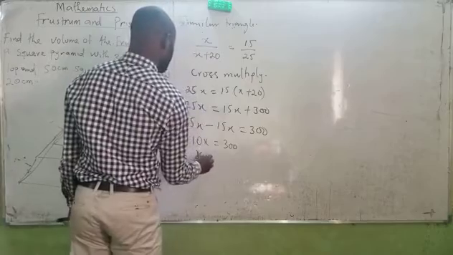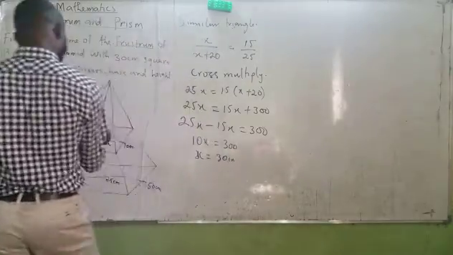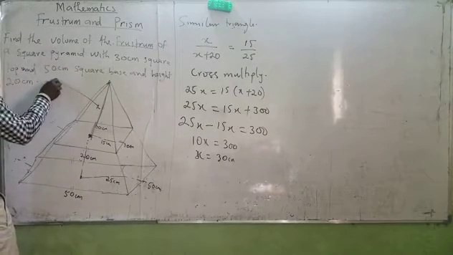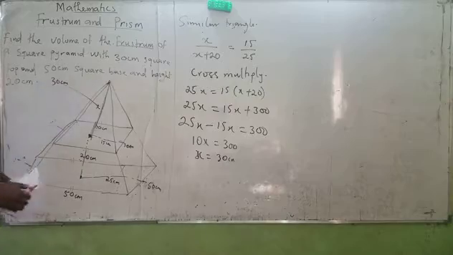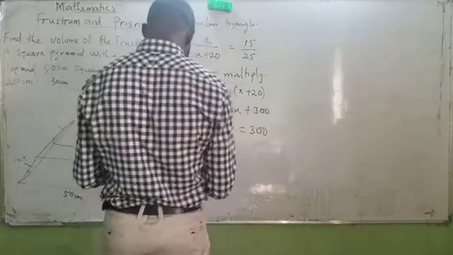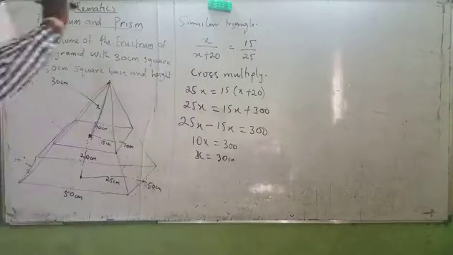My x will be equal to 30 centimeters. It means the height will be 30 centimeters. Now, since I know that with the help of similar triangles, hope I'm making sense.